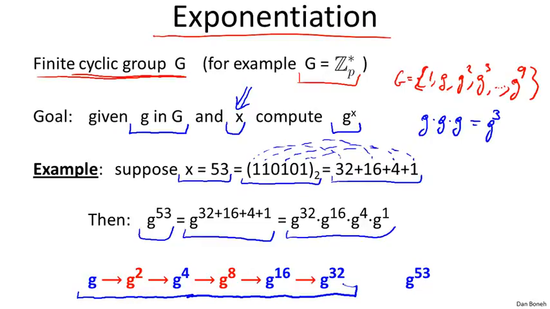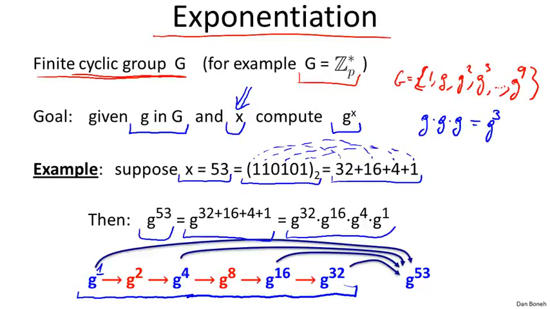Now we simply multiply the appropriate powers: g to the 1 times g to the 4th times g to the 16th times g to the 32 gives us the value that we want, which is g to the 53. So all we had to do was 1, 2, 3, 4, 5 squarings plus 4 more multiplications. So with 9 multiplications, we computed g to the 53.